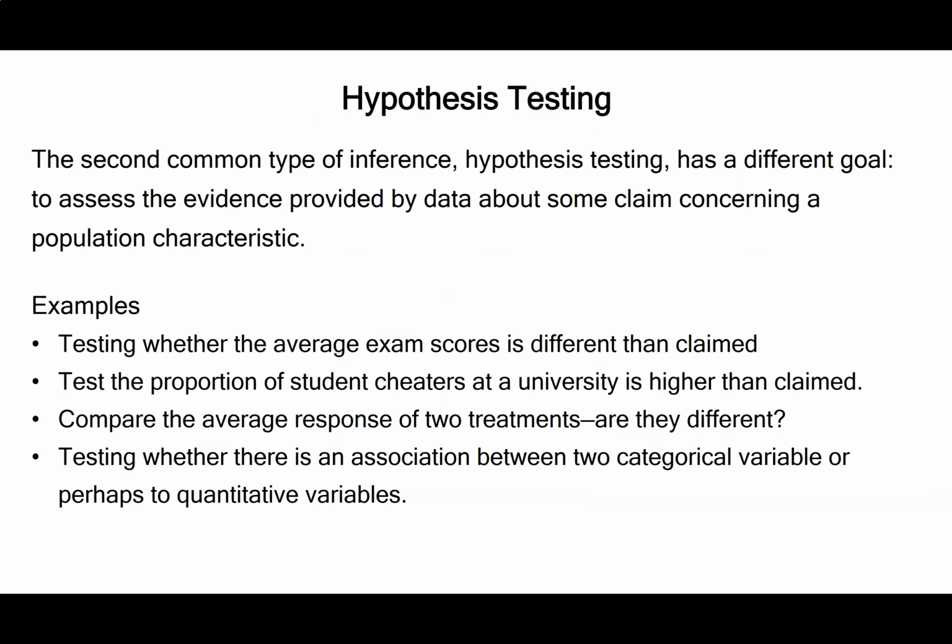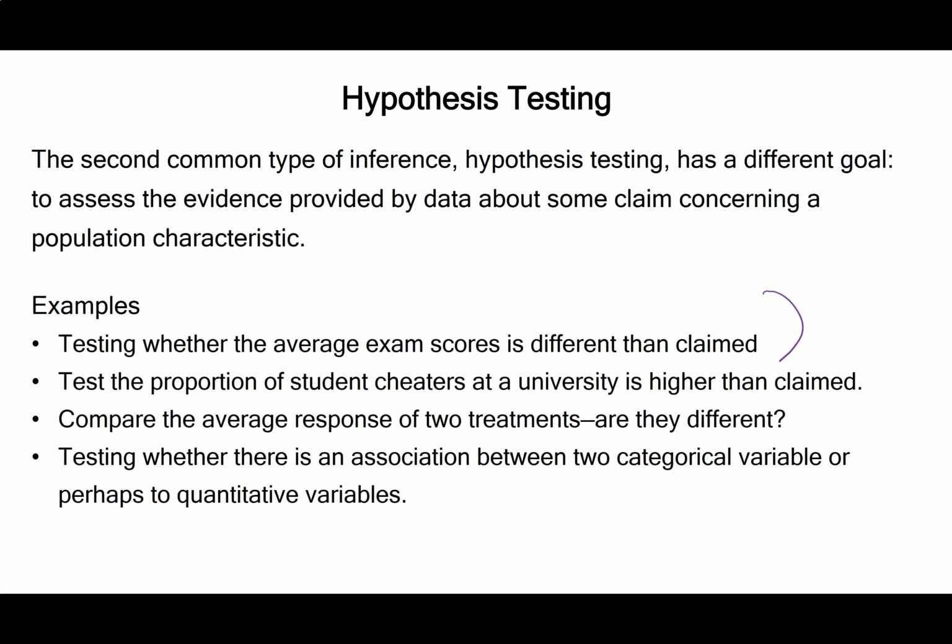So hypothesis testing. The flip side of confidence intervals is now saying, hey, yes or no statement. Can we say that the average OSU student height is higher than 62 inches or something like that? Maybe you want to test whether the average exam score is different than claimed.